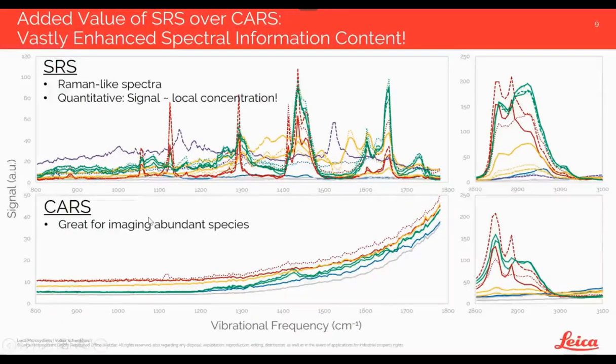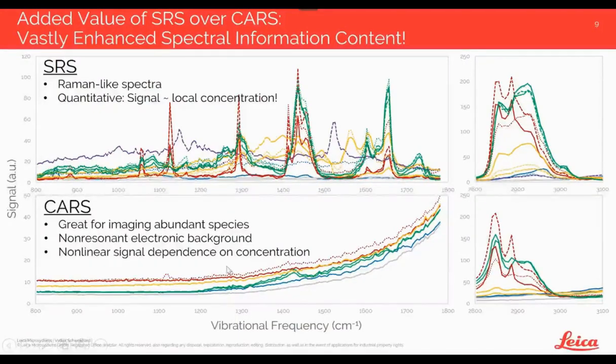By contrast, CARS imaging, which was the first modality that was developed, is very great for imaging highly abundant species and can really provide you with the most crisp images of abundant species. However, there's a non-resonant electronic background signal that is the one that you can see here that is fairly featureless in this lower vibrational frequency region.